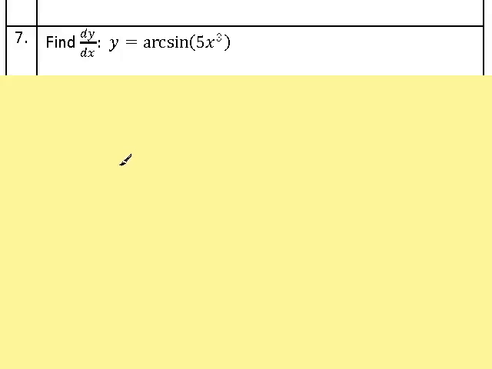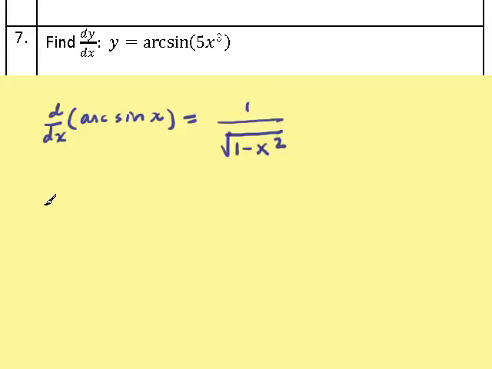Number 7 involves the derivative of an inverse trig function. So let's just write down the derivatives of some of the inverse trig functions, starting with arcsine. The derivative of arcsine x is equal to 1 over the square root of 1 minus x squared. And let's do the derivative of arctan.